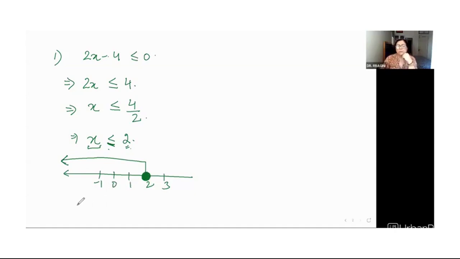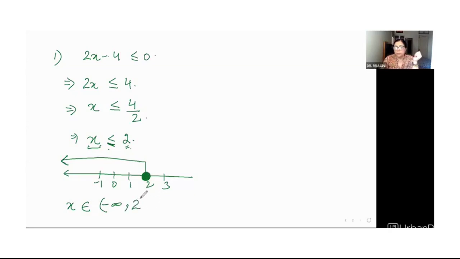If we write it in the form of an interval, then x belongs to an interval. You must have learned expressing intervals in chapter 6. So when we go to the left, it is minus infinity, and minus infinity is always written with an open bracket. Infinity is never closed. Then 2.